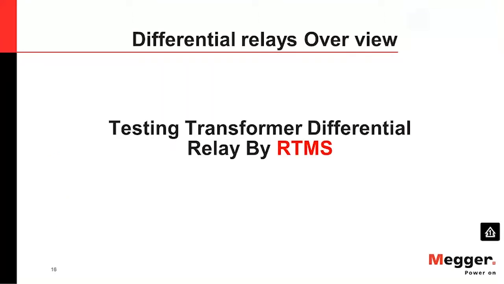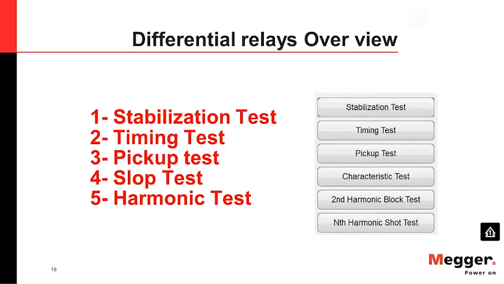Now, how to test these? By the software which is provided by Megger, which we call RTMS. The RTMS can work with both the Freja units and the SMART units, and it is three-phase test equipment, so it is three-phase testing that you can perform for differential relay testing.